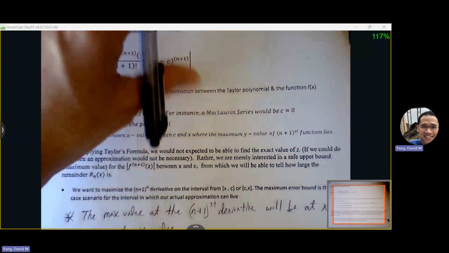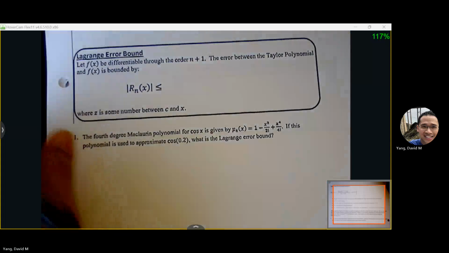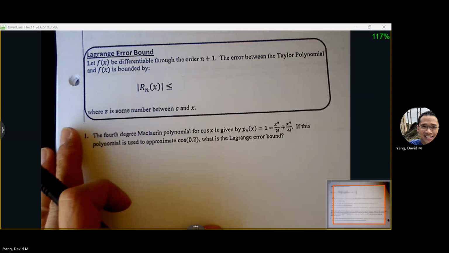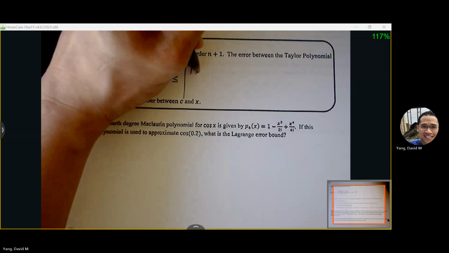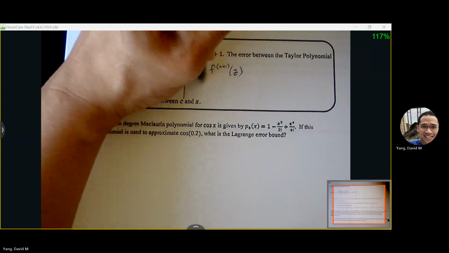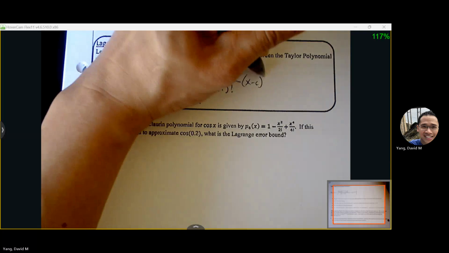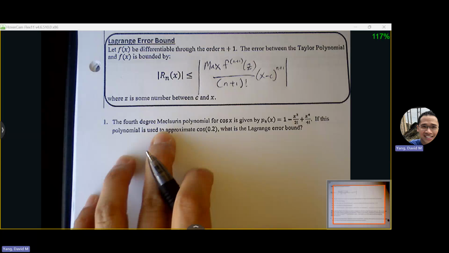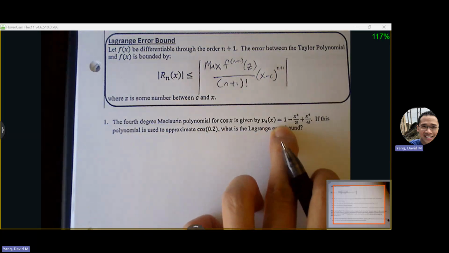Okay, let's go back to page 41. The fourth degree Maclaurin polynomial for cosine of x is given by p sub 4 of x.